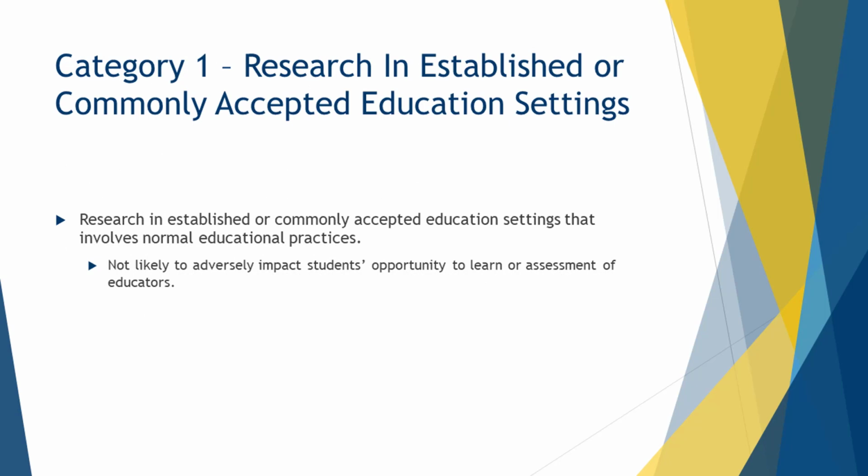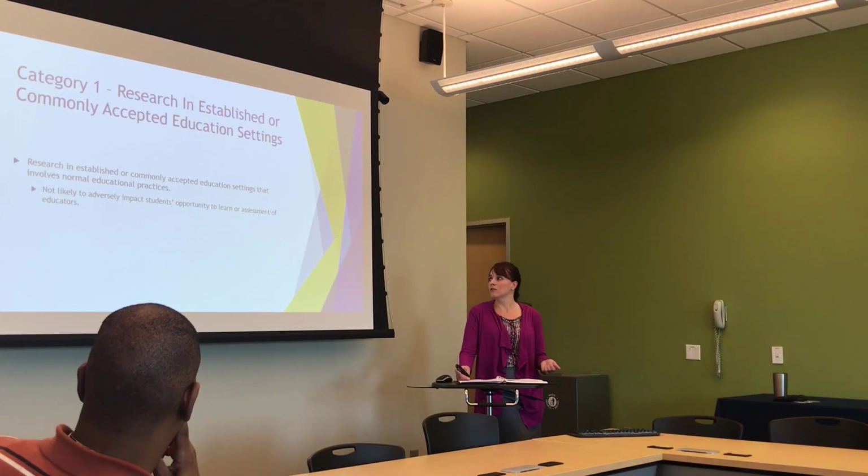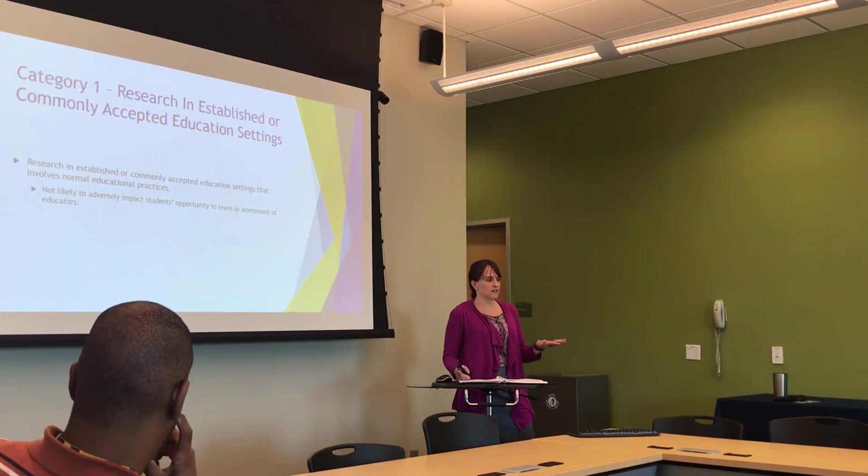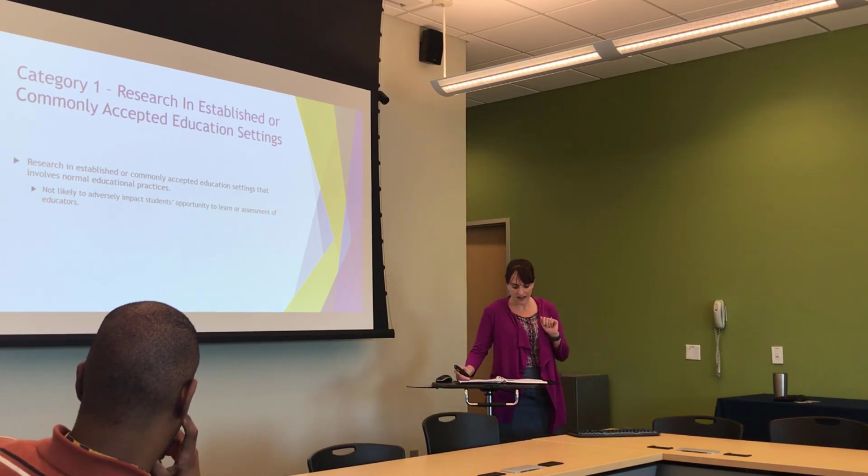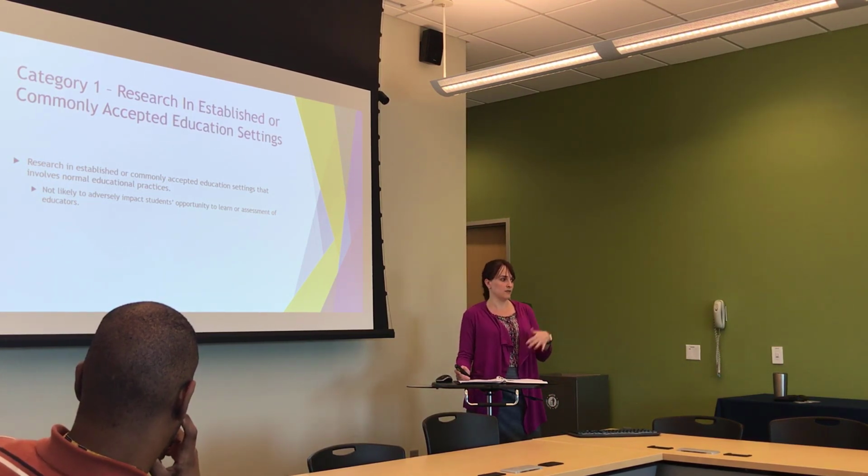Okay, category 1, research in established or commonly accepted education settings. These involve normal educational practices. This is not likely to adversely impact students' opportunity to learn or the assessment of educators. So this category, along with some of the others with caveats, can apply even with children as the human subjects.